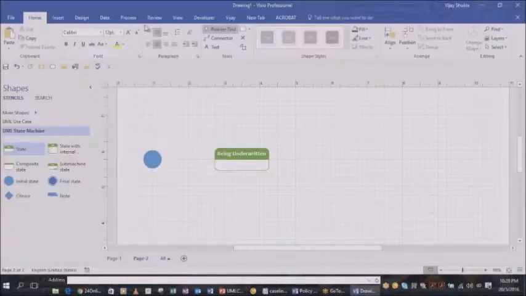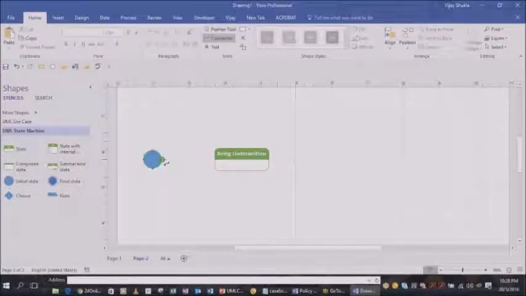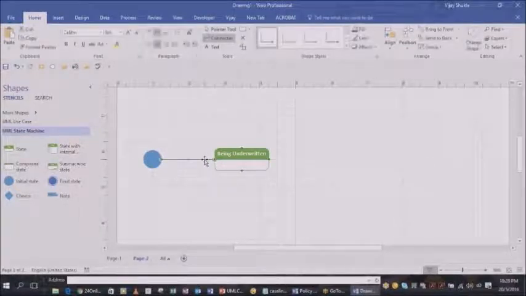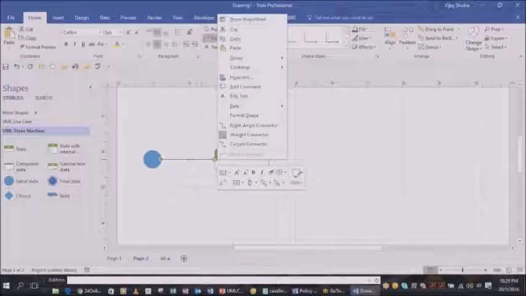So I will utilize the connector, and then from the pointer tool I will connect from a straight connector.